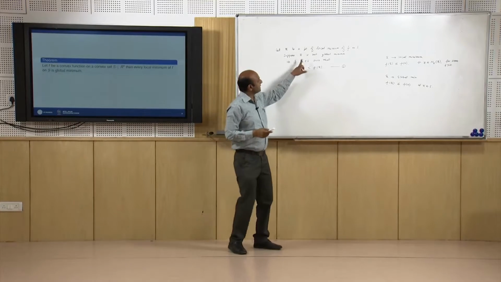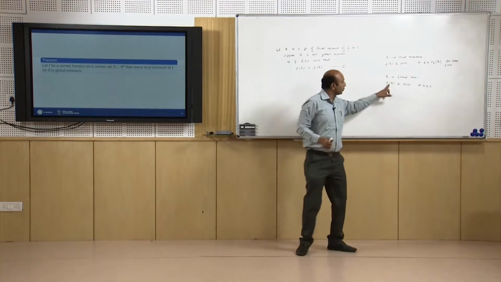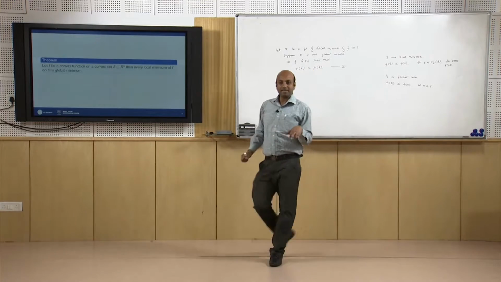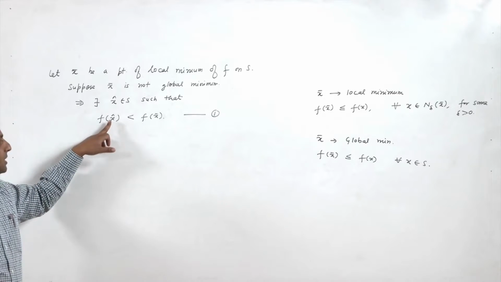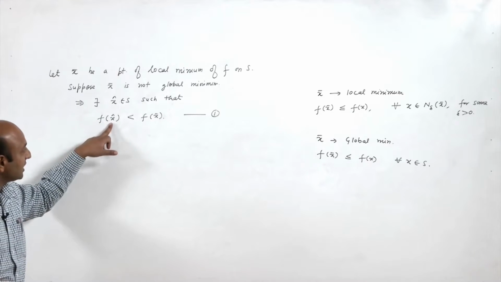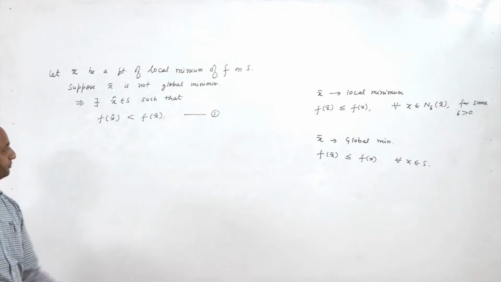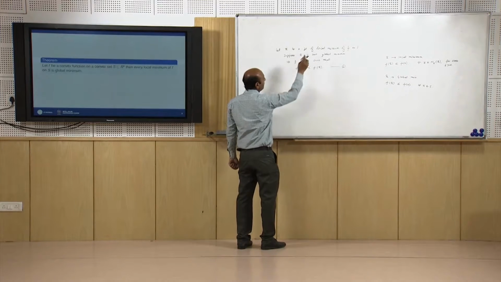Because x bar is not global minimum, this inequality is not holding for every x in S. This means there will exist some x in S, which is x cap, such that the function has a smaller value at x cap than at x bar. And x bar is also local minimum.